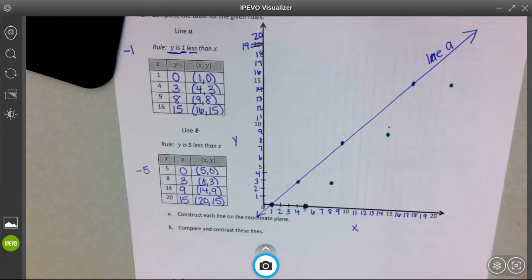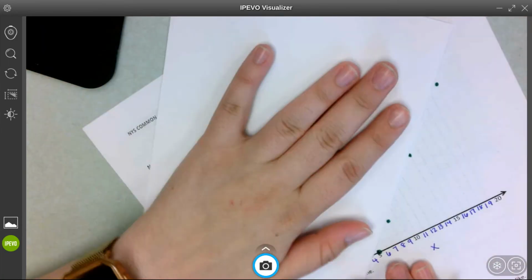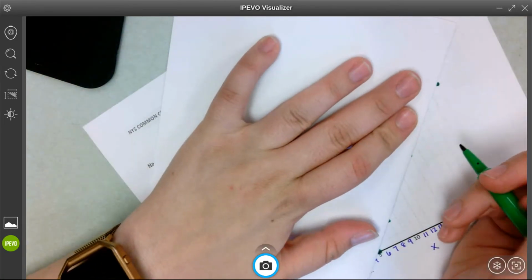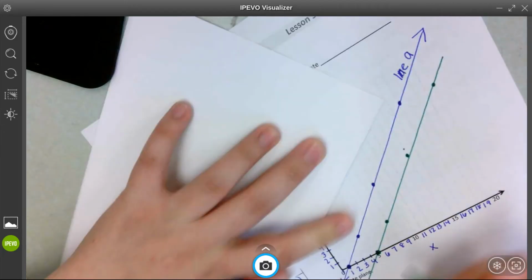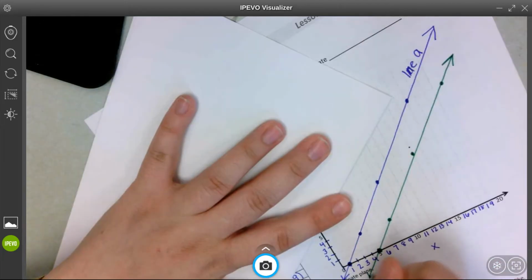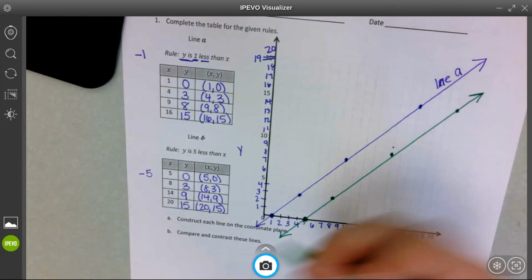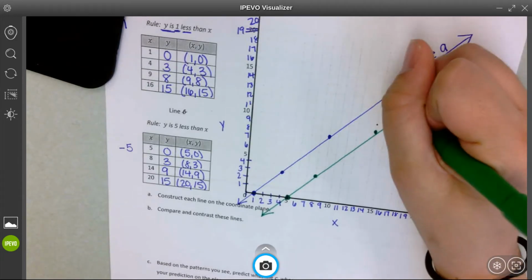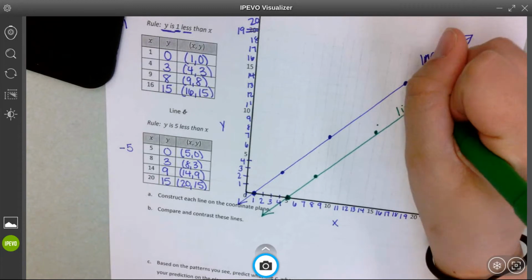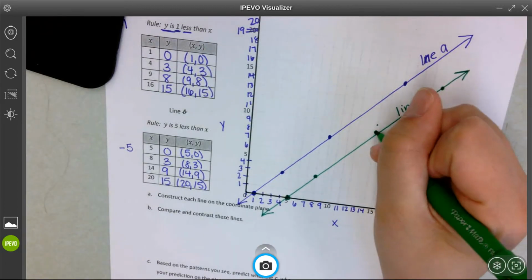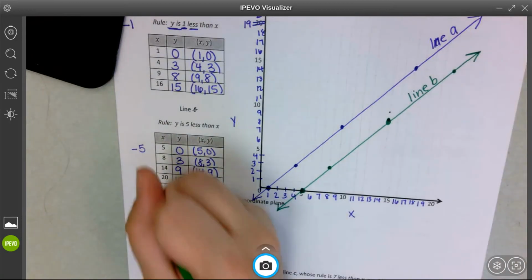All right, once again, I'm going to use my straight edge. Connect those dots. One thing to notice: if you plotted your lines incorrectly, they won't match up. So we know we did it correctly if our line hits all of our dots. All right, so I constructed the lines.